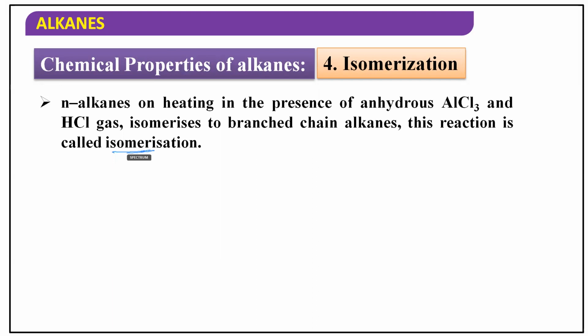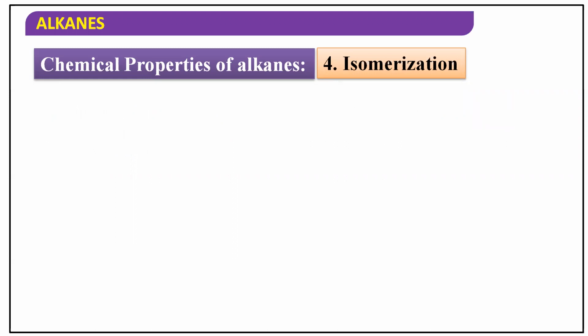A normal straight chain is converted into a branched chain. What is the catalyst we are using? Anhydrous AlCl3 and HCl gas. In presence of this, chain isomers will be produced.